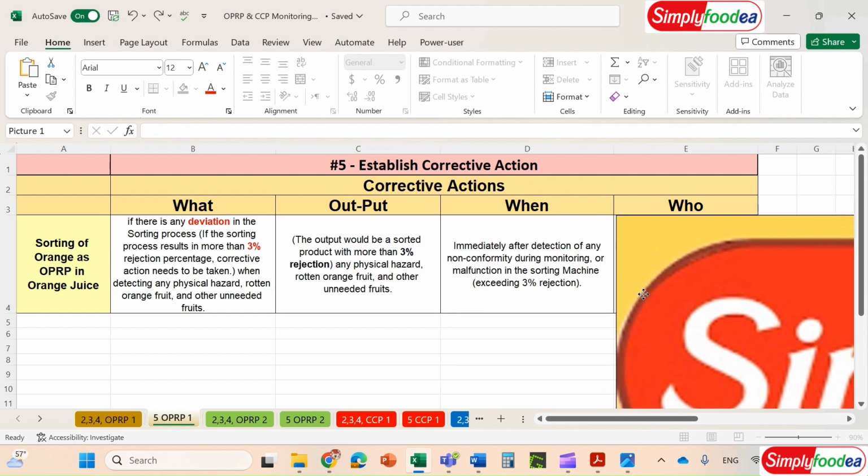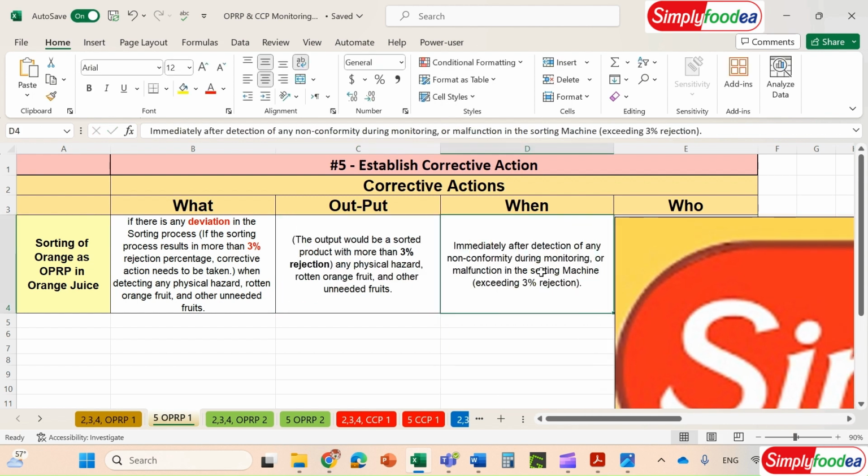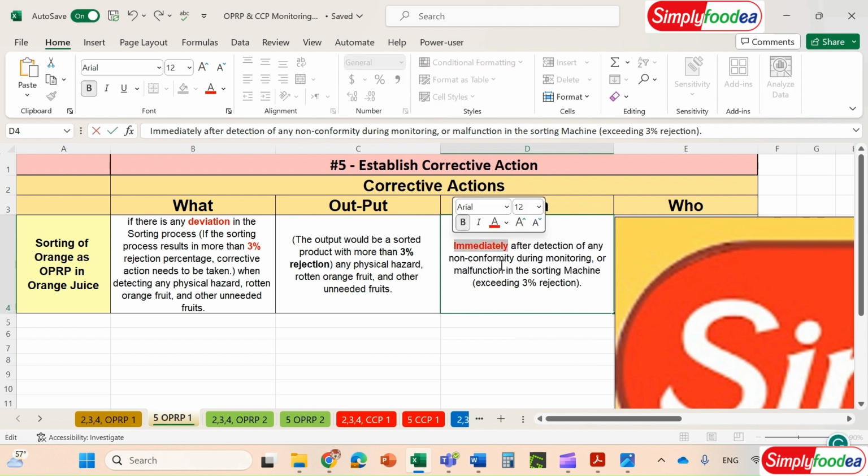When we are establishing a corrective action, we establish it immediately after the deviation in the sorting process, either from the people who are sorting manually, or from the machine which has an issue in the sorting process.